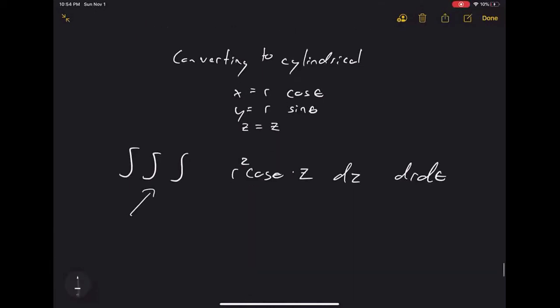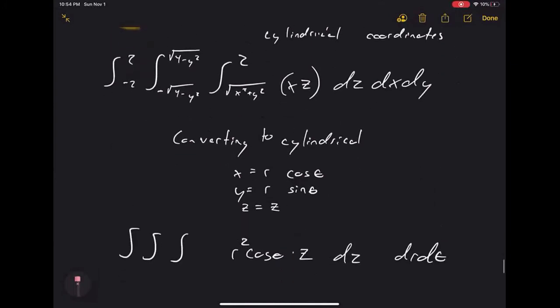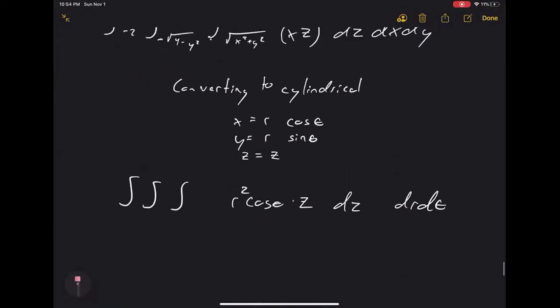That's really the difficult part. And you might be tempted to convert the bounds in the same way. Okay, maybe let's see, what's this stuff outside? 2 to negative 2, that's just constants. What's this stuff here? Maybe I could replace y with just r sine theta. And then this term here, well, that should just be r. So you might be tempted to think you could just replace them like that.